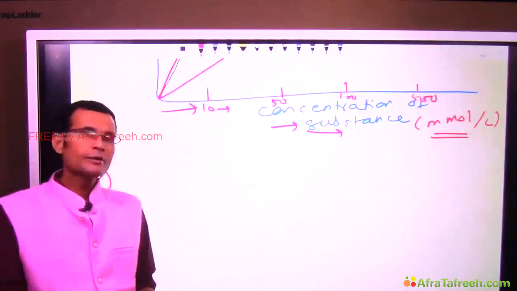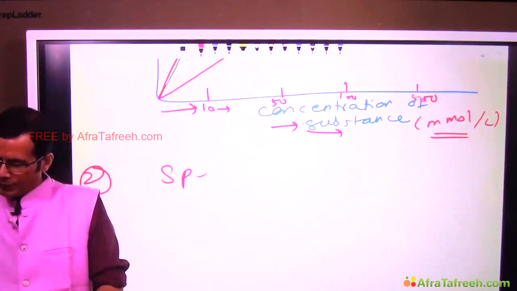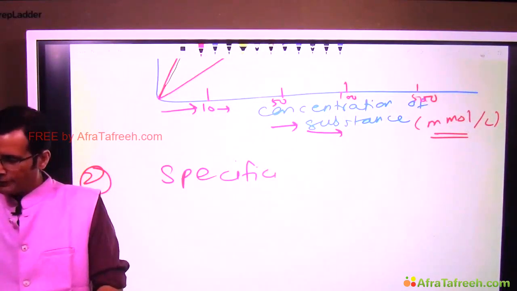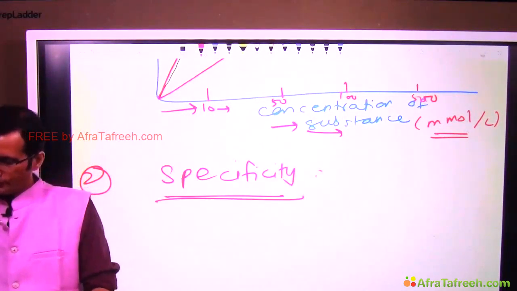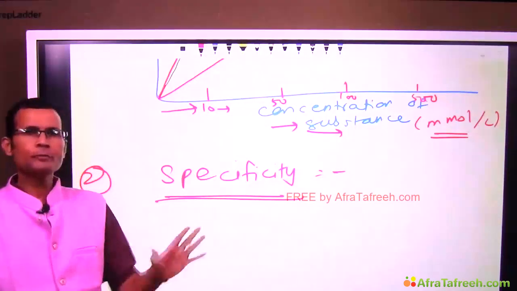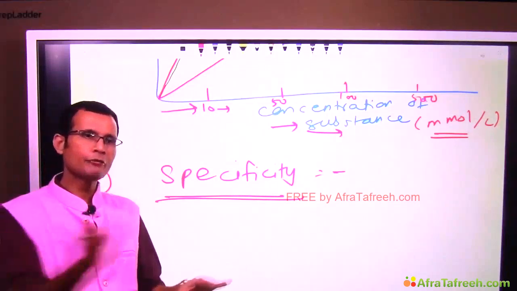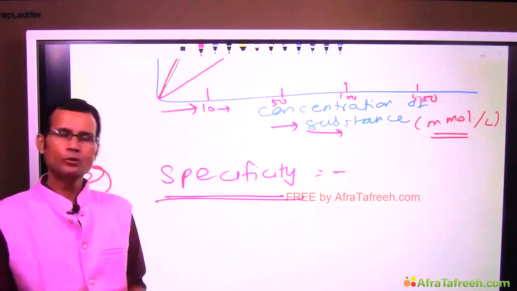Second characteristic of facilitated diffusion is specificity. Think about simple diffusion. There was no specificity. Any lipid soluble substance can diffuse through the lipid bilayer. No specificity.